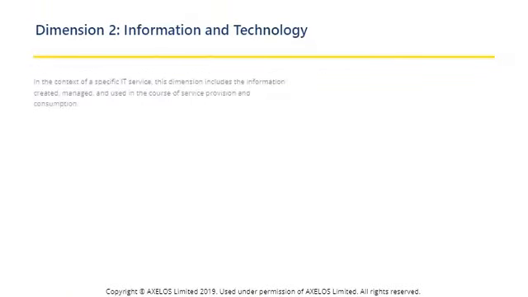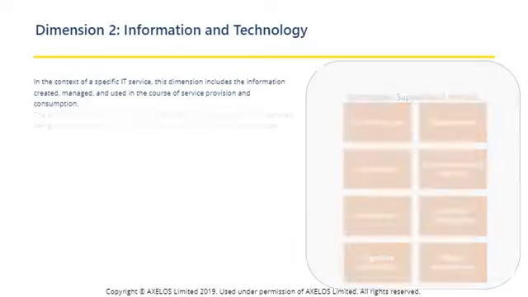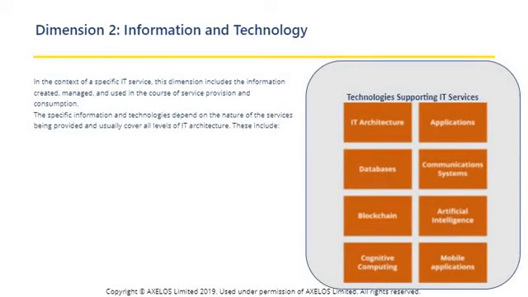In the context of a specific IT service, this dimension includes the information created, managed, and used in the course of service provision and consumption. The specific information and technologies depend on the nature of the services being provided, and usually cover all levels of IT architecture.